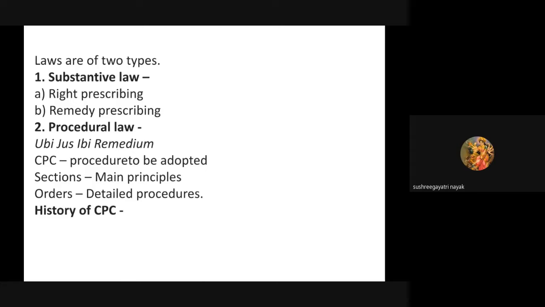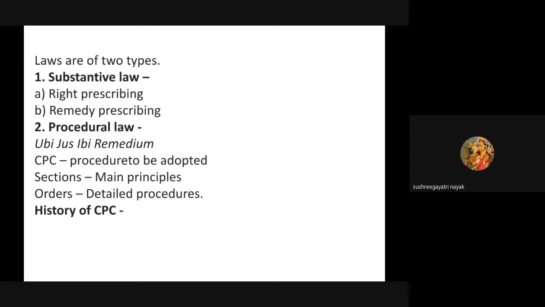I'll briefly tell you the history of CPC. The first Code of Civil Procedure was actually formulated by John Remley in 1859, but the same was amended time and again, once in 1877. But the CPC as we know it was actually made in 1908, and it was made by a committee headed by Sir Earle Richards.